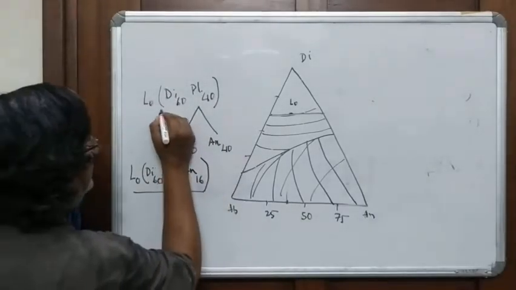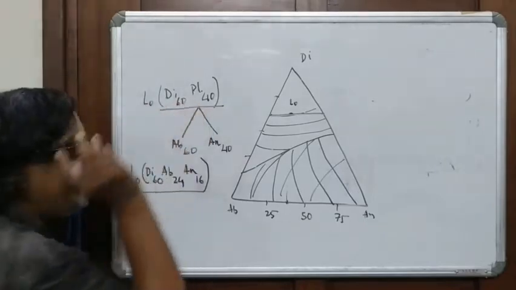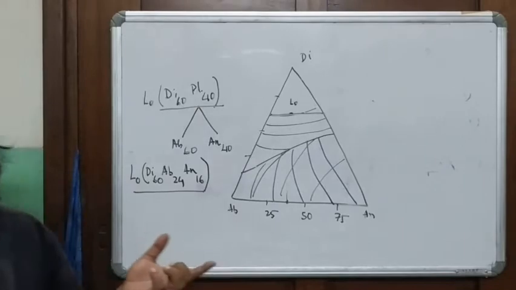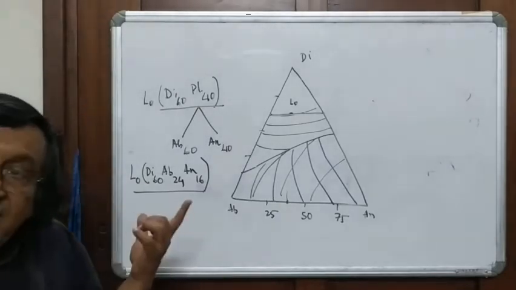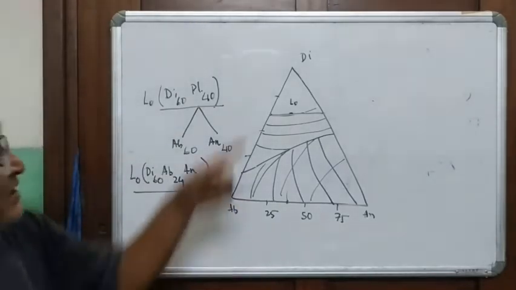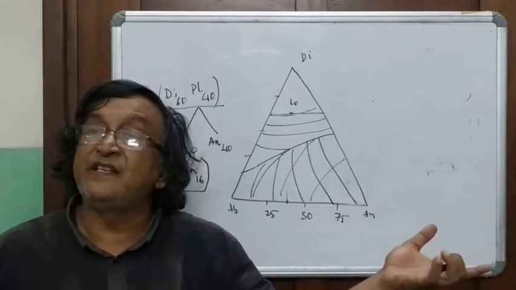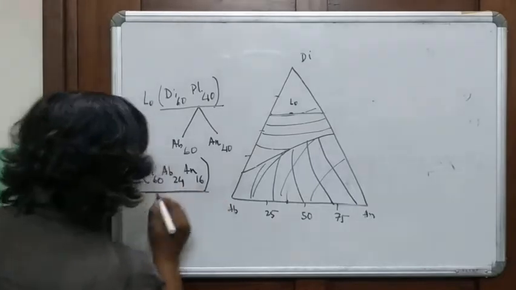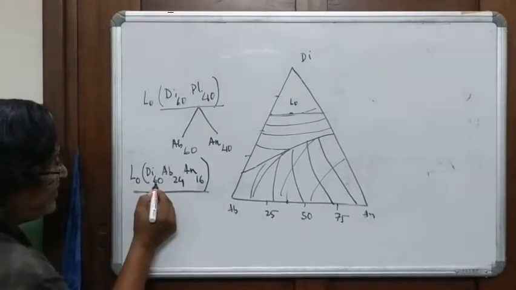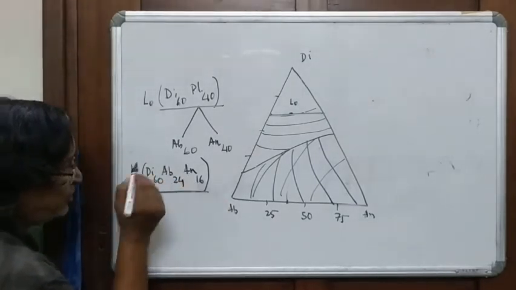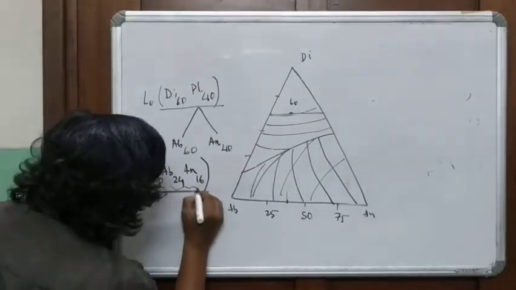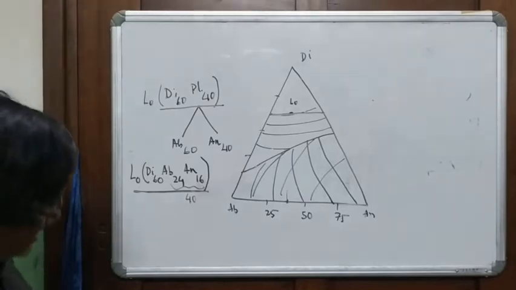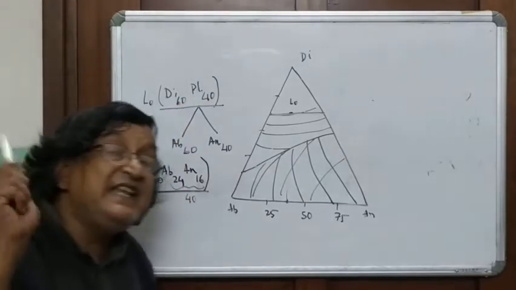But when I write this for melt, it is wrong, because there is no plagioclase. There is only albite and anorthite. Diopside, albite, and anorthite as far as the melt is concerned. So the melt composition properly written is L0: diopside 60, albite 24, anorthite 16. These two add up to 40. This is what I wrote as plagioclase 40, but that is incorrect.